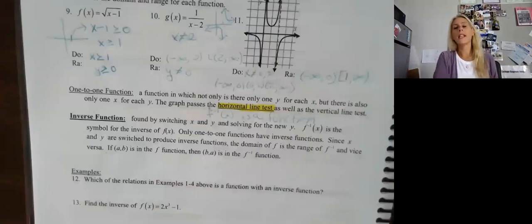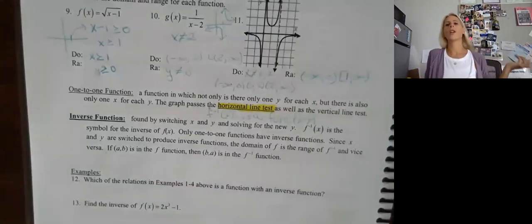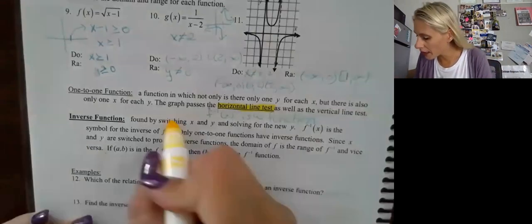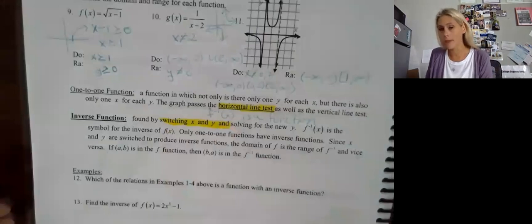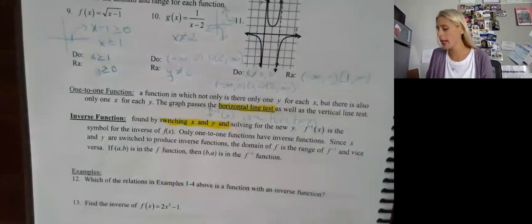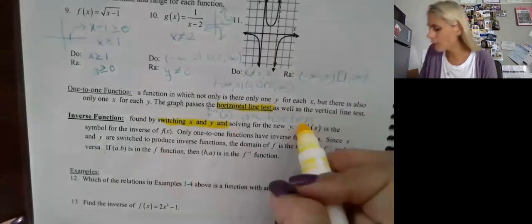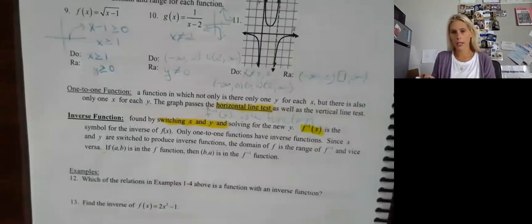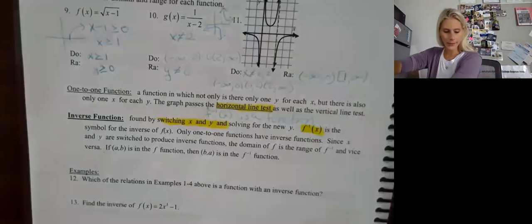Now, if we were to solve for the inverse algebraically, we do that just by switching x and y and then solving. We need to remember, though, to change y to f to the negative 1 of x. That is the inverse.